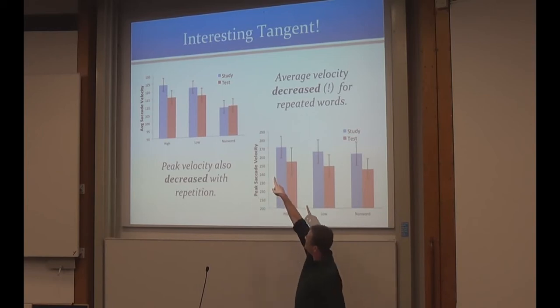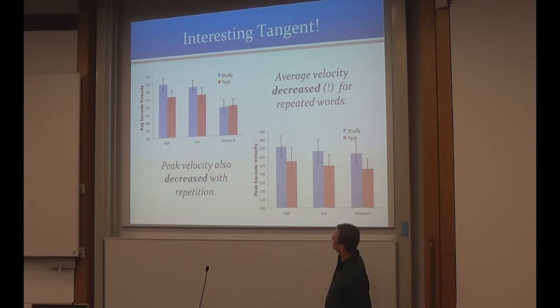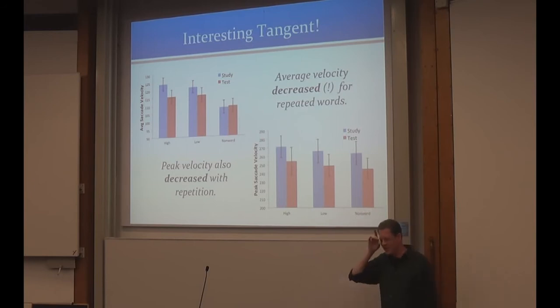But in the study session, velocity was reliably slower than in the test session. Average saccade velocity is faster earlier in the study, and peak saccade velocity as well. So what's happening in the experiment is that people are moving their eyes off fixation sooner and finding what they're looking for sooner. But the actual motion of the eyeballs across the screen is slower. And I don't get that.